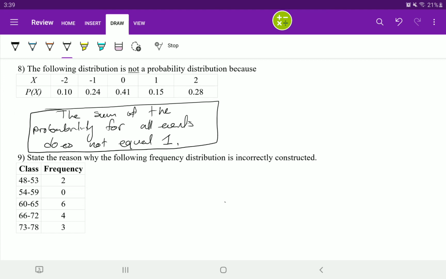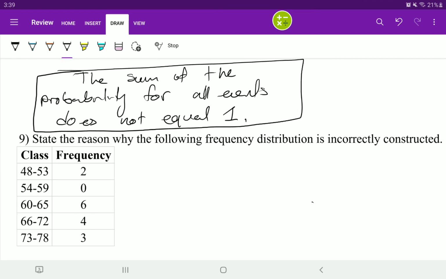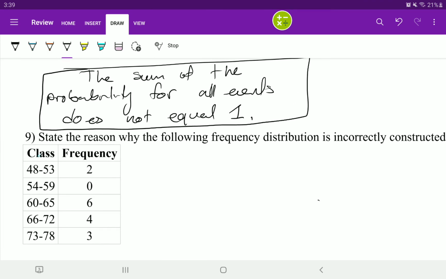Now, I'm going to look at the width, and I'm looking at the distance between each class limit. The class limits of the first class and the second class. Now I'm going to zoom in. If I look here, the distance between the lower limit of my first class and the lower limit of my second class is 6 units. 48 plus 6 is 54.